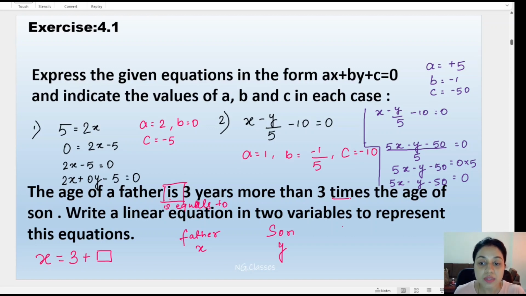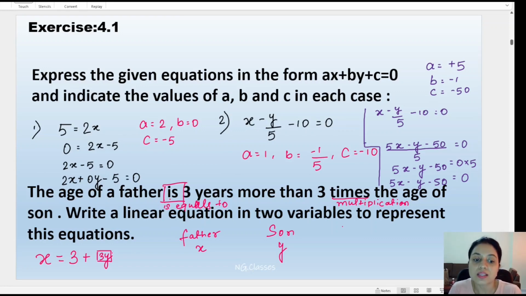Now this times is also a keyword that represents multiplication. So 3 times age of son means 3 multiplied with y, that means 3y, right? Let's write it. So we got our linear equation in 2 variables.